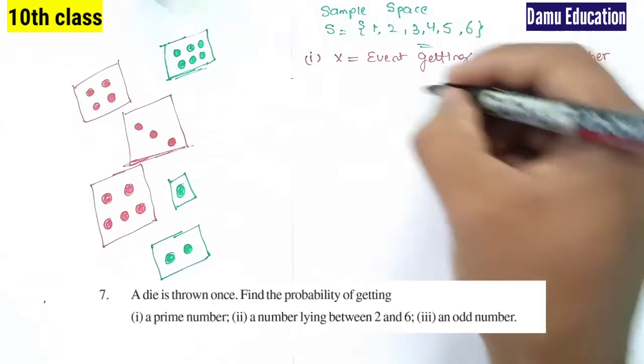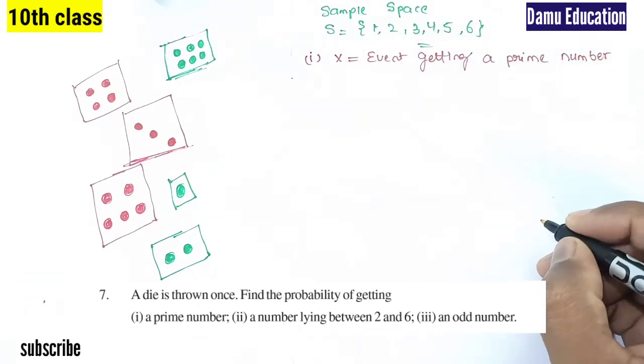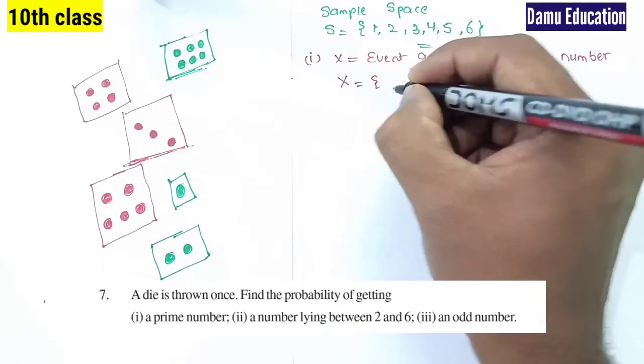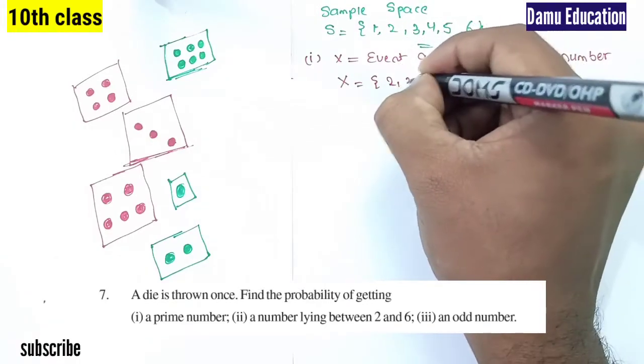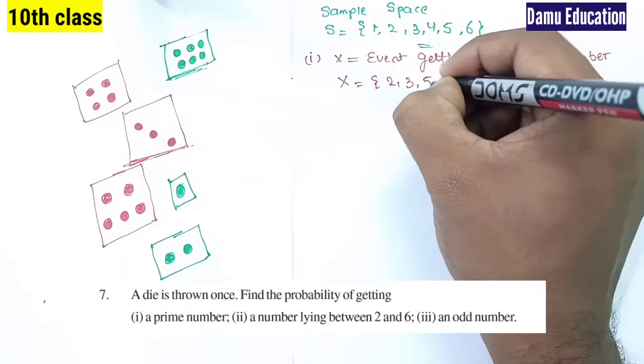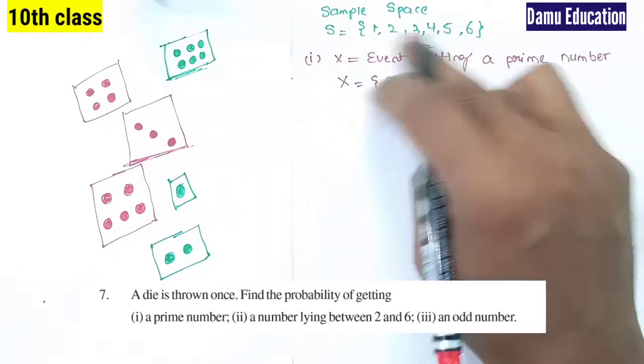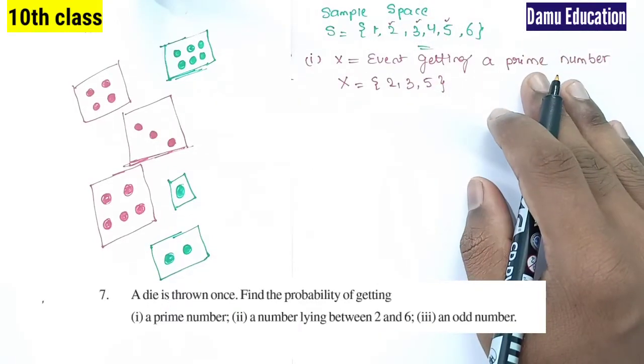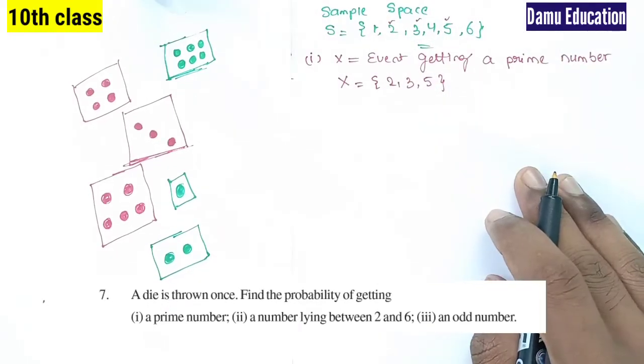Let X be the event of getting a prime number. What are the possibilities? The prime numbers here are 2, 3, 5. From all these numbers, the remaining ones are not prime. So X is 2, 3, 5.